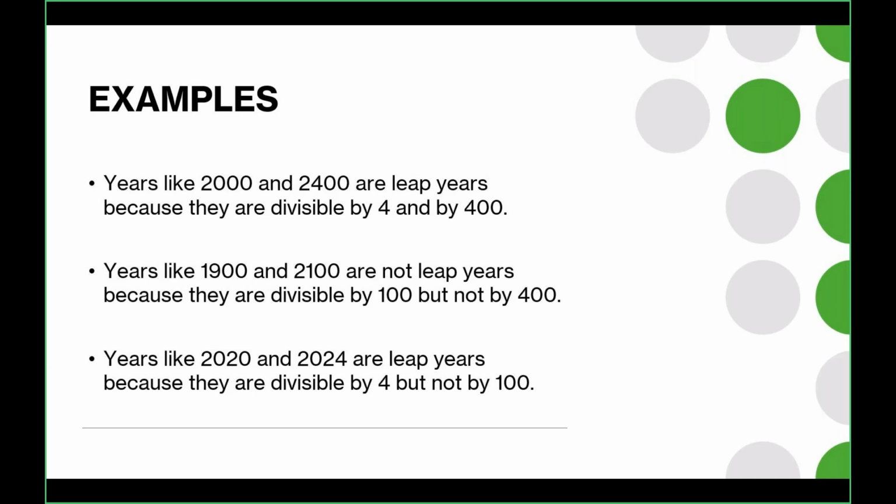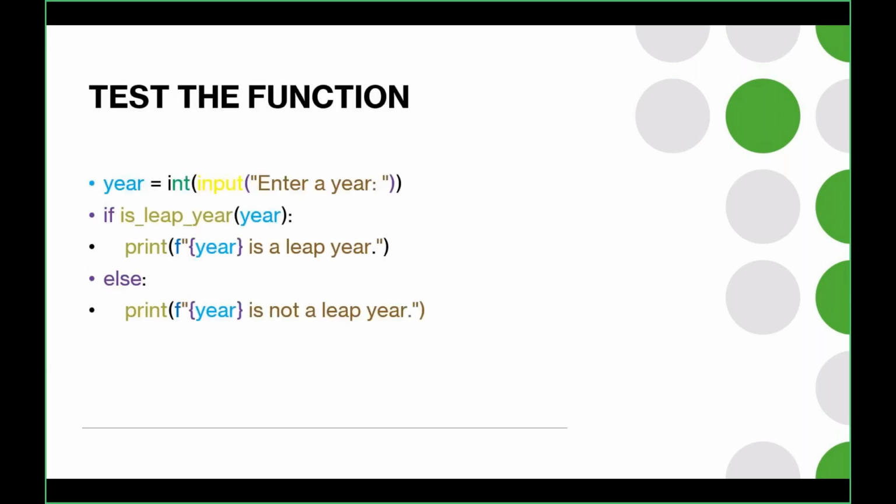So after we define the if statement, we want to test the function. We say year equals int(input("Enter a year")). If it's a leap year, you print the year and it says it's a leap year.